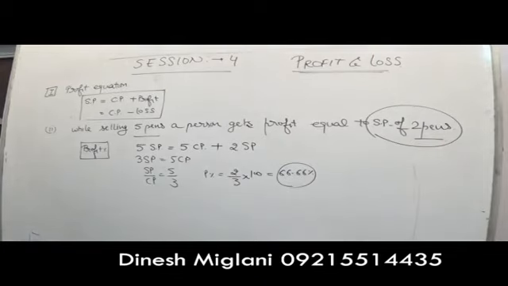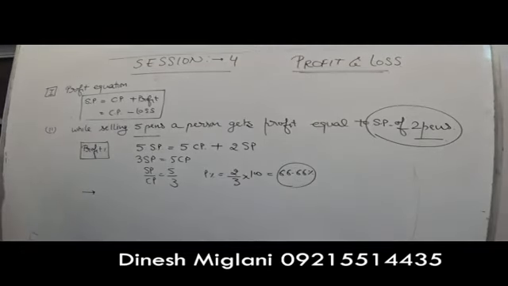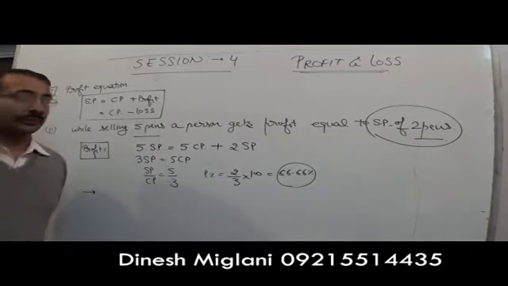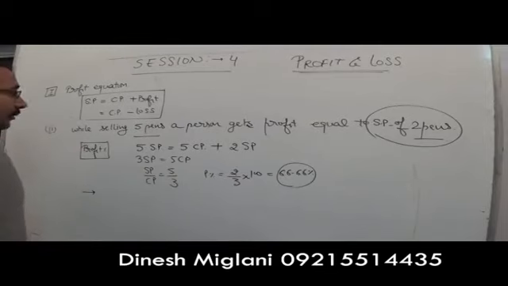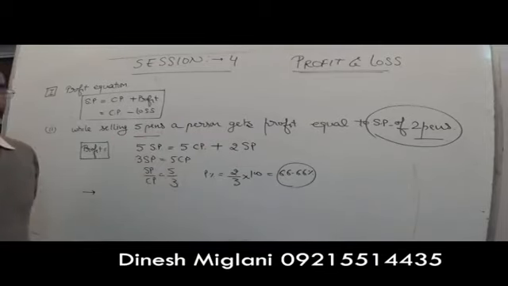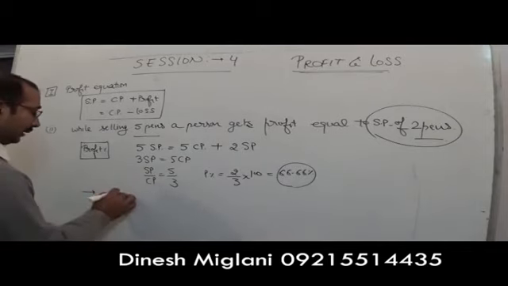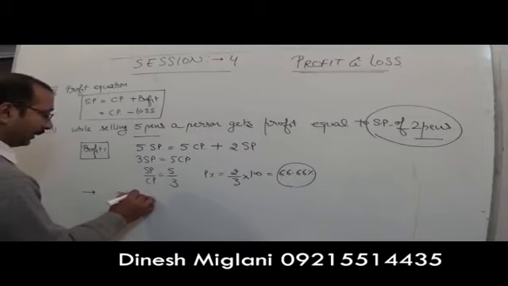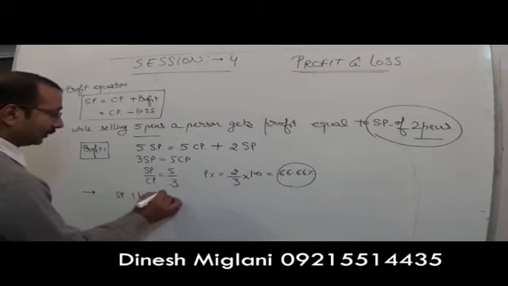Right? The same question can also be understood one more way. It is given that on selling 5 pens, you get a profit equal to SP of 2 pens. Let us assume that SP of 1 pen is rupees 1.